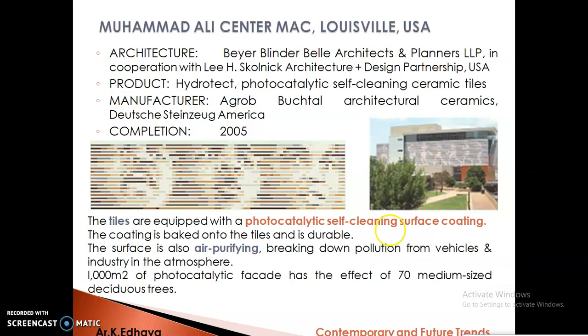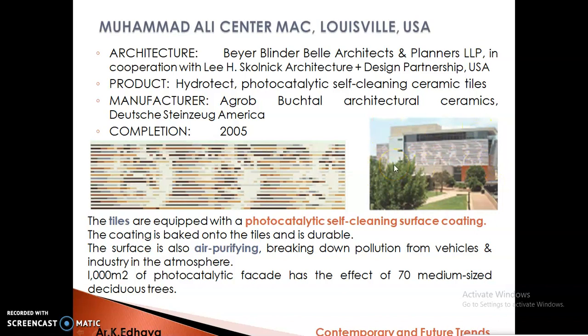An example is the first one, the Muhammad Ali Center in the USA. This is by Bluder Bell Architects and Planners. The product used is Hydrotect photocatalytic self-cleaning ceramic tiles. On the exterior facade they have used a lot of ceramic tiles which depict boxes.